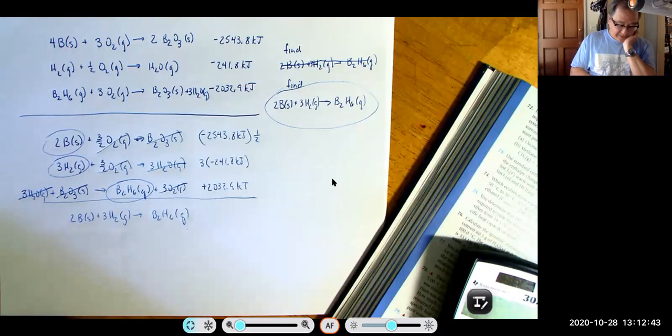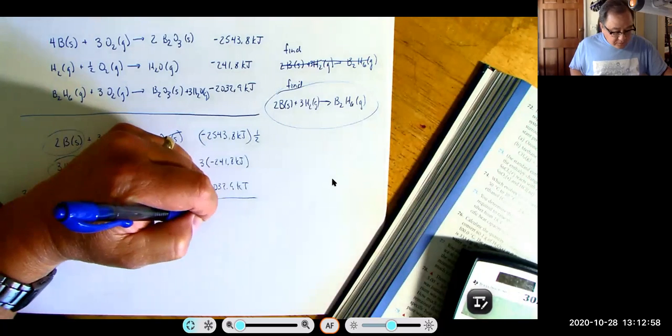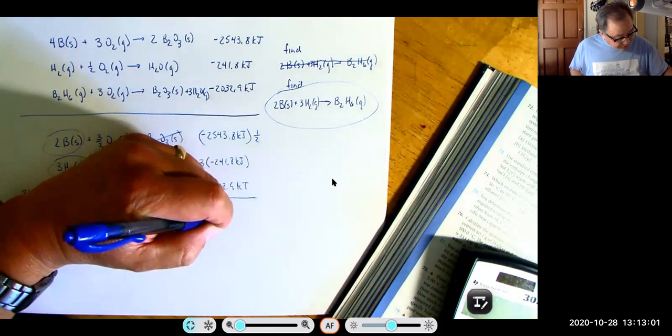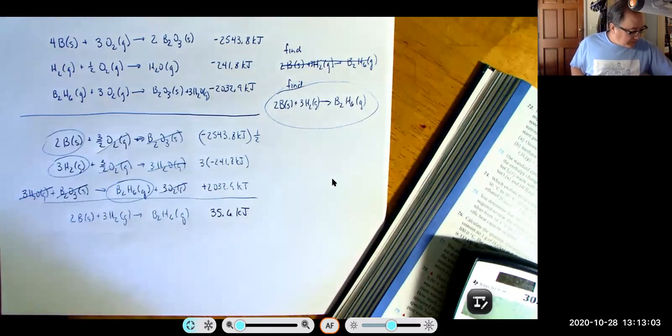Then plus 3 times negative 241.8. Then plus 2032.9. And I get 35.6 kilojoules.